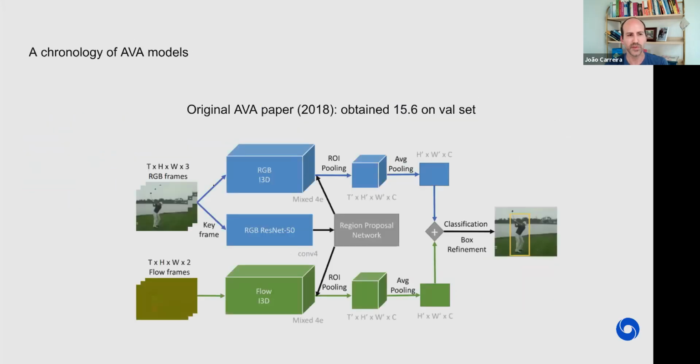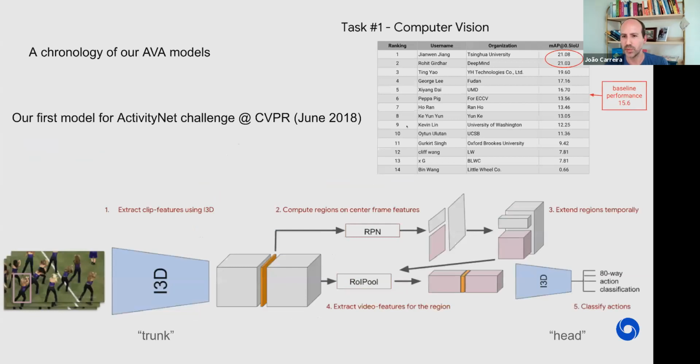And in terms of AVA models, the early ones would also use i3D, combined with some kind of region proposal network to get boxes around people, and then pool the i3D features inside those boxes. We did a bit of work there and participated in the first AVA challenge back in 2018. This was work with Rohit Girdhar. We basically simplified the model, added a bit of augmentation, and got good results like that.